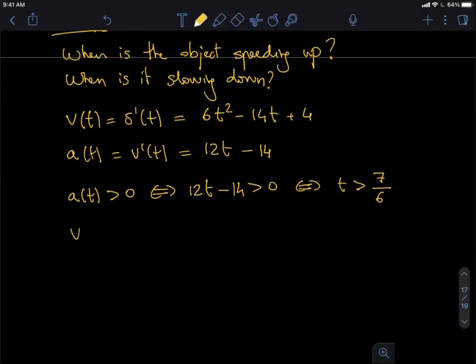And now, what about v of t? So this is 6t^2 minus 14t plus 4. Okay, and if we compute the roots, they are t equal 2 and t equal 1/3.